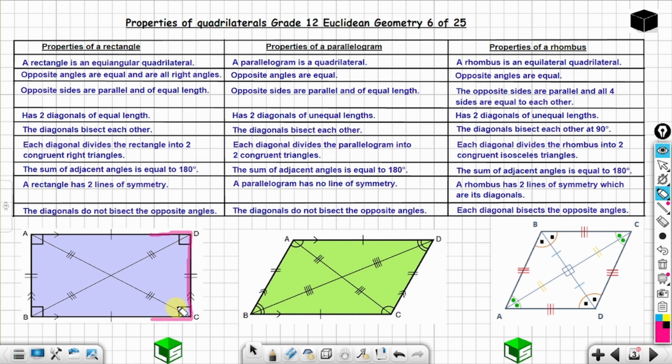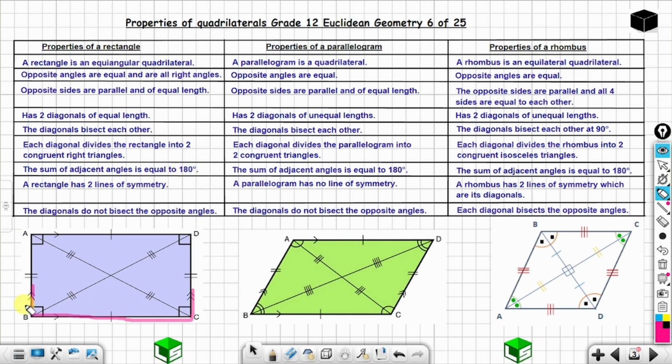This angle plus this angle, you are going to have 180 degrees. Adjacent angles, adjacent means next to each other. You can also use this and this. This angle plus this angle, you are going to have 180 degrees.